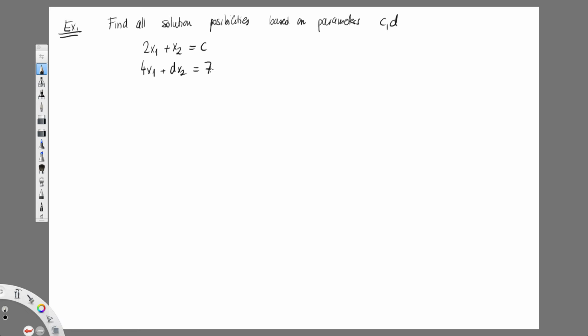I could have no solution, in which case my lines are parallel to each other. Or I could have infinitely many solutions, meaning that one of these equations is a multiple of the other, so they're essentially the same in this 2x2 system.